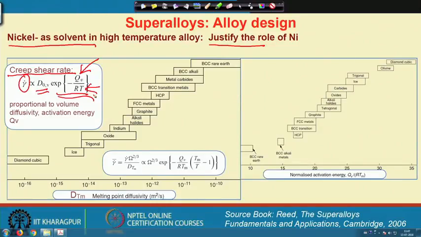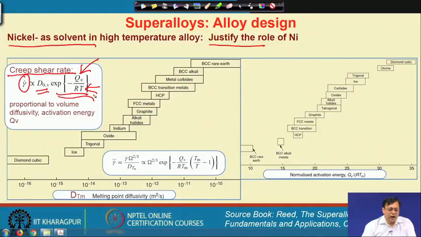On the other hand, the self diffusivity also has to be considered, and we already know that the diffusion required for creep and the self diffusivity have a close link. So if we need to normalize the creep shear rate, then we have to consider the melting temperature of a material or alloy or an element.